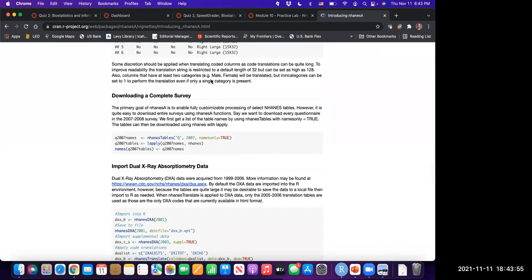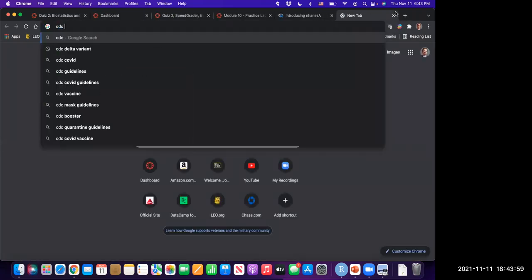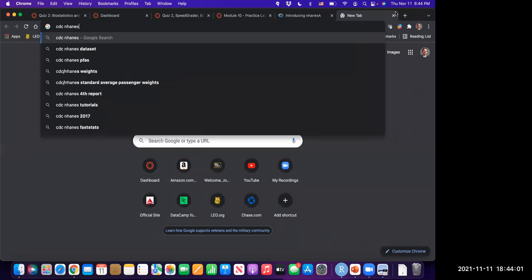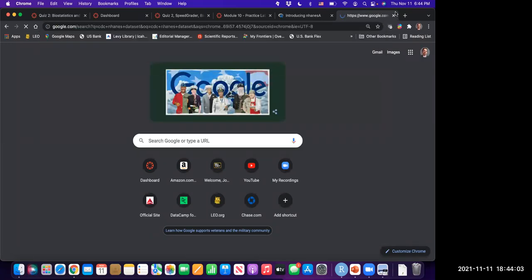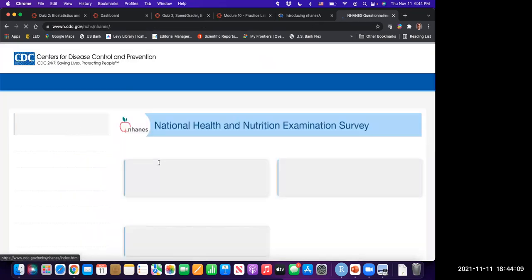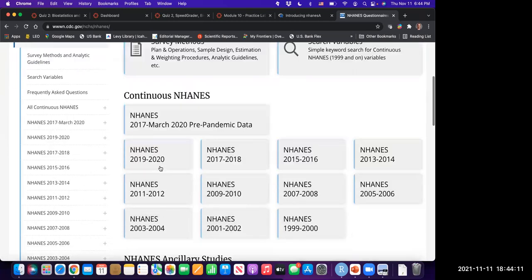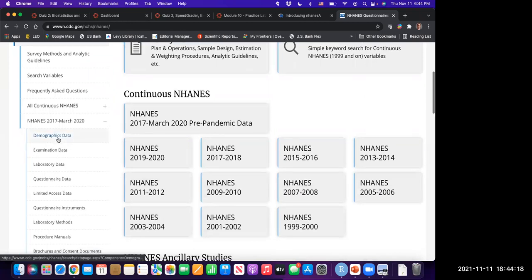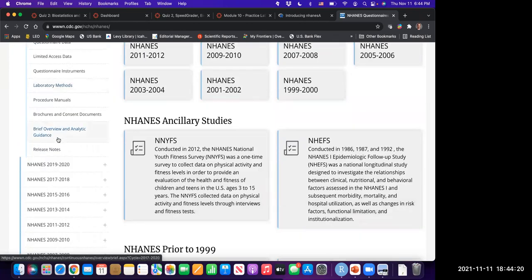You can also go on the CDC website, and you can download here data from the different waves of the enhance. This is all basically to be downloaded. This is all at your disposition. This data can all be freely downloaded without any problem.